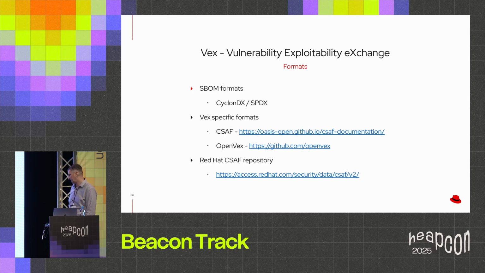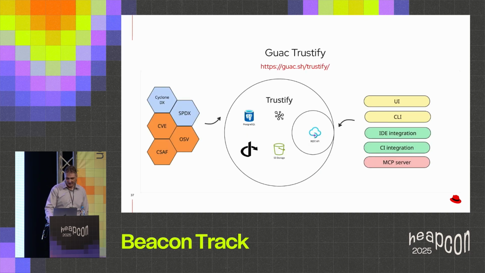And for reference, here's the link where Red Hat publishes all its own security data, still using mostly CSAF documents, but I think starting this year, they're also publishing everything in the OSV format as well.